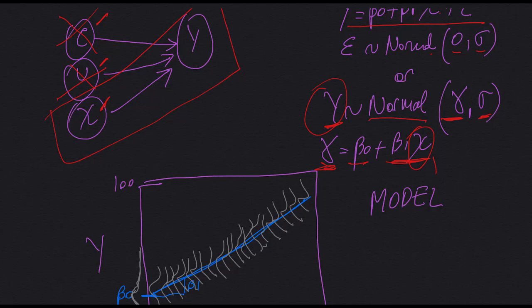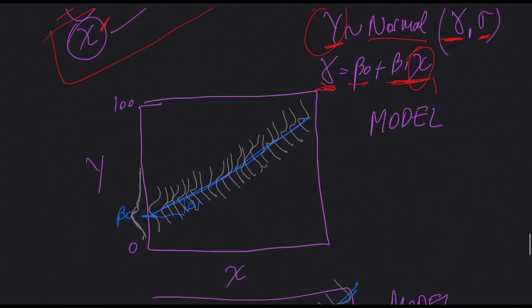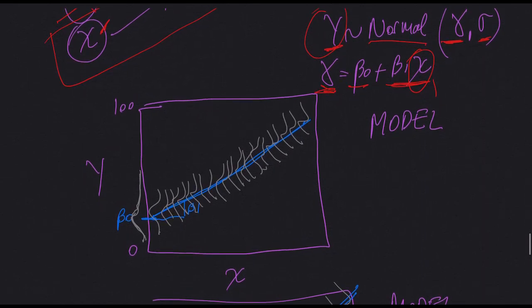Okay, in terms of the model graphically, we've got variable y, that is the outcome variable, variable x, which is the predictor variable, and now we have a line, and the name linear model comes from this blue line that we use to fit the data.